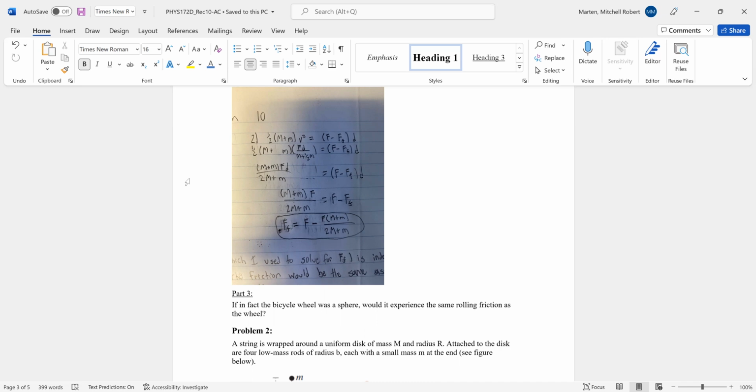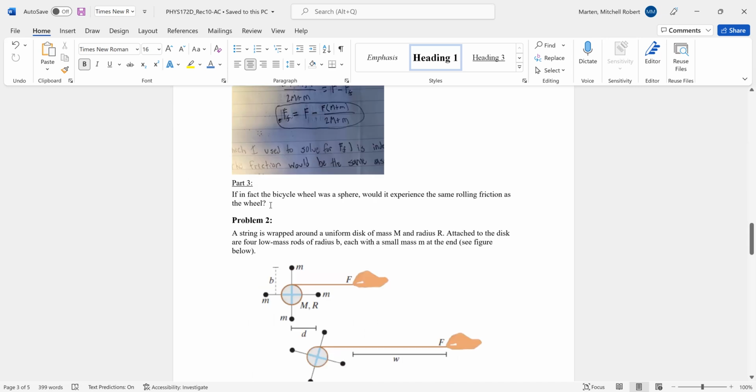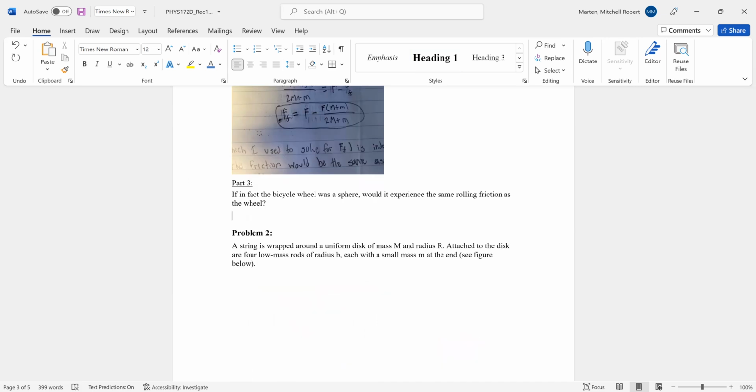Okay. And then I wasn't really sure what to put for this, but I said that if the bicycle wheel was a sphere, would it experience the same rolling friction as the wheel?